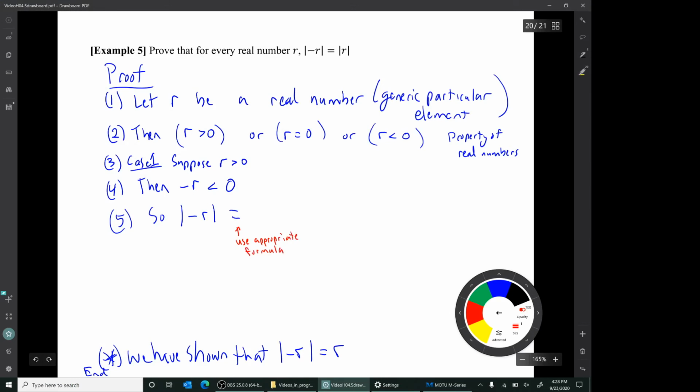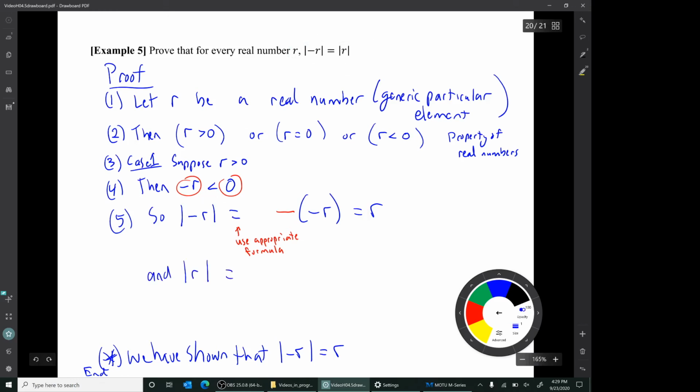Now we have to use the appropriate formula to compute the absolute value. We know that the thing inside is less than 0. So when we compute its absolute value, we're going to compute that by taking the negative of the thing inside. Negative of negative r. So we've shown that the absolute value of negative r is r. Now we're supposed to compare that to the absolute value of r.